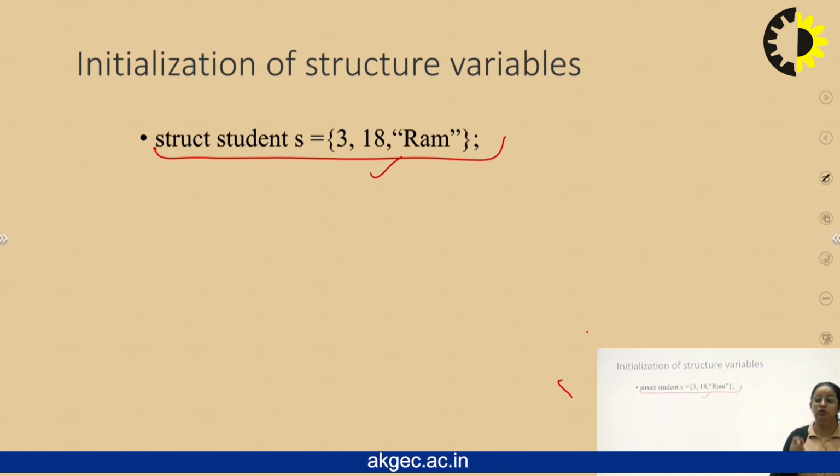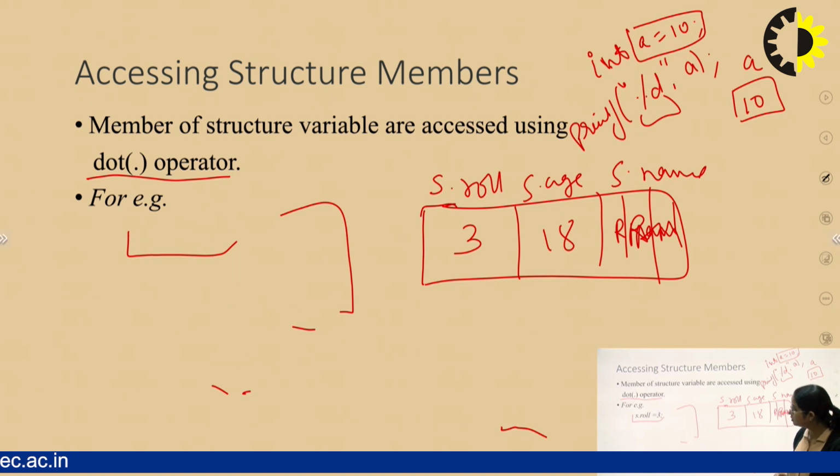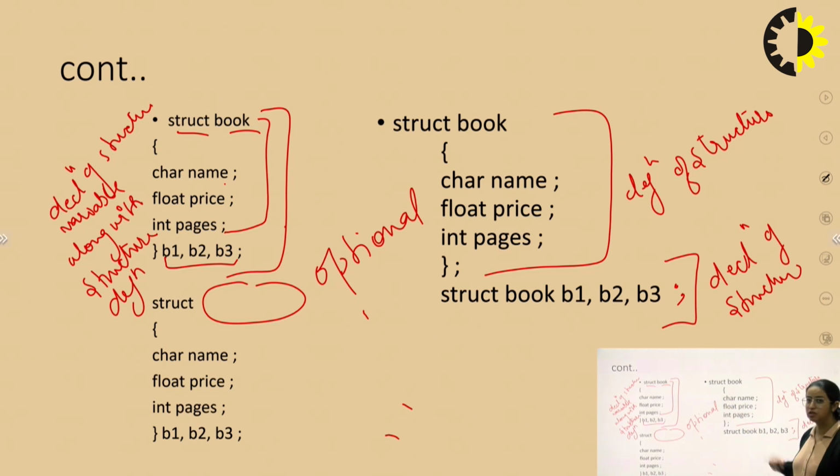You have to initialize the values according to the members that we declared in the structure definition. Like in a structure definition, what we have first, I'll just show you the structure definition. Suppose this is the structure definition.